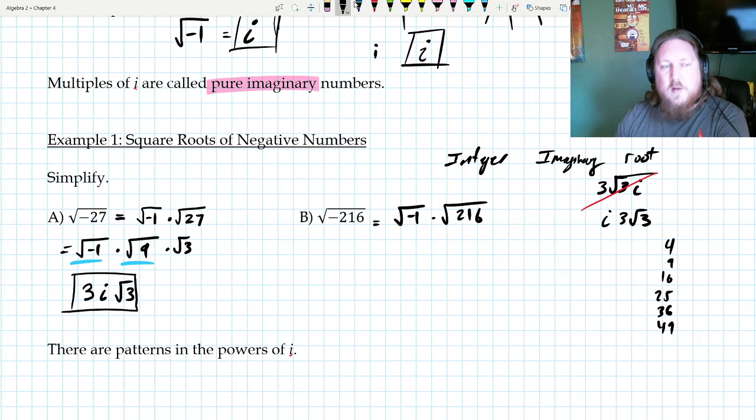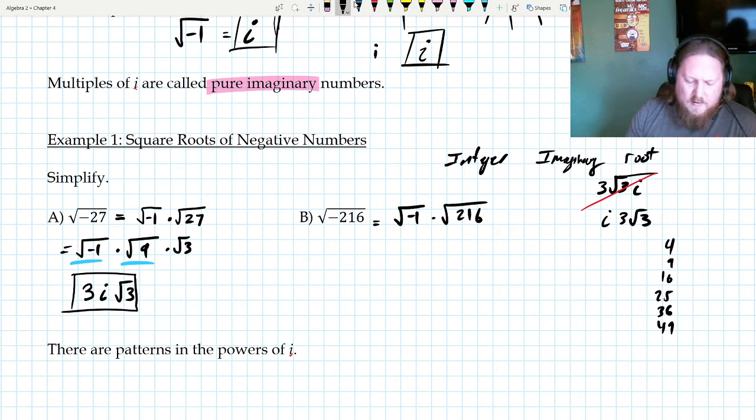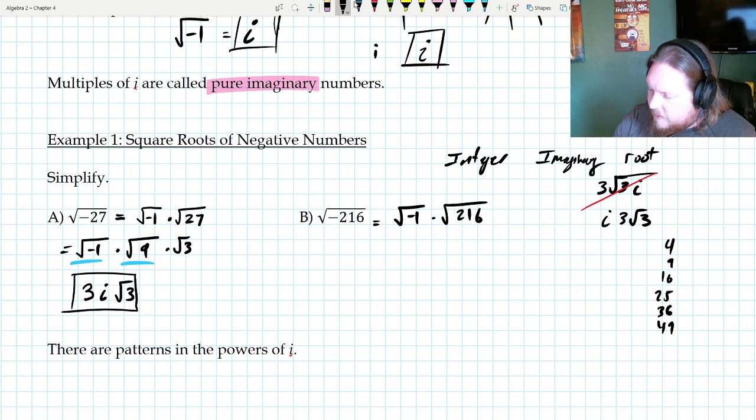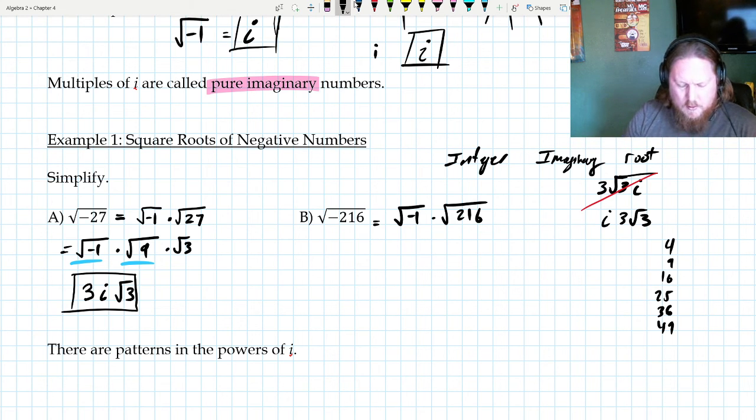Just start checking the perfect squares, because if you can pull a perfect square out of it, you're pretty good. I bet it's divisible by 16. Nope, it's not. How about 216 divided by 4? Ah, there we go.